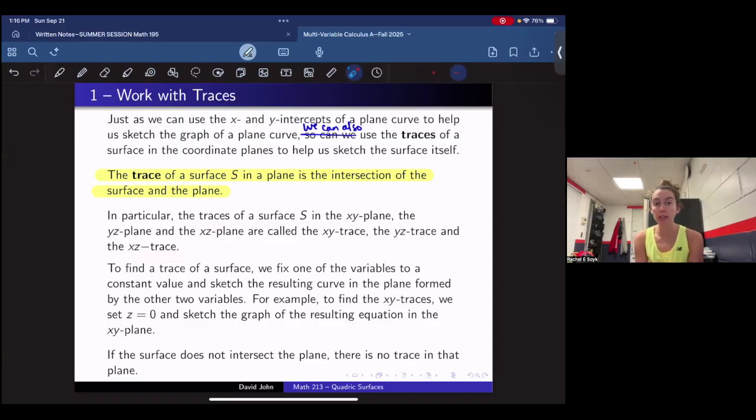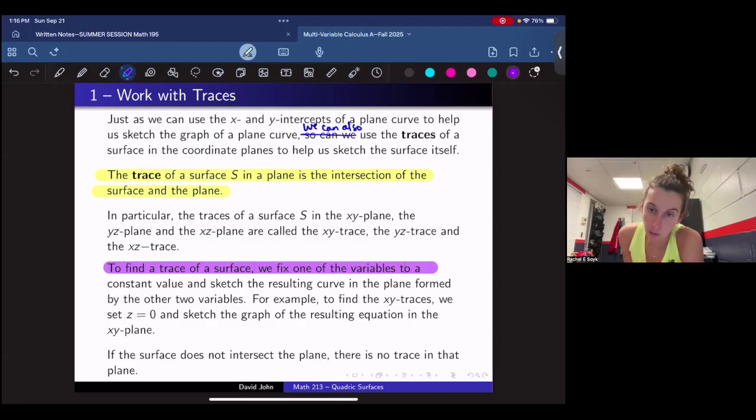And so how do we find a trace? To find a trace of a surface, what we're doing is we're fixing one of the variables to a constant value, and then we're sketching the resulting curve in the plane formed by the other 2 variables that are left over.